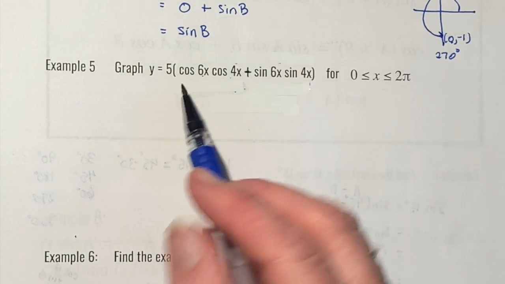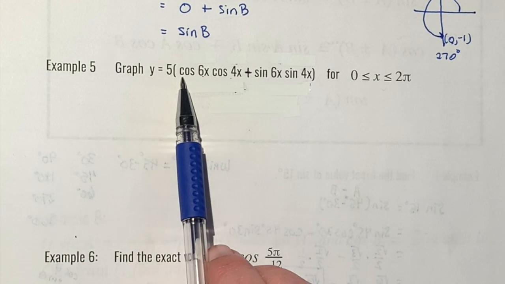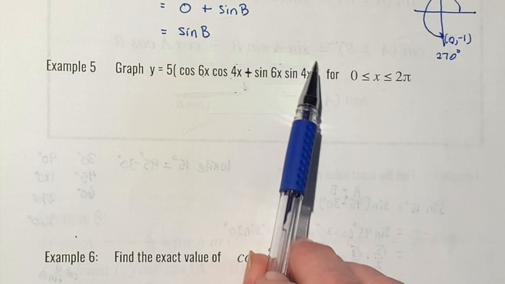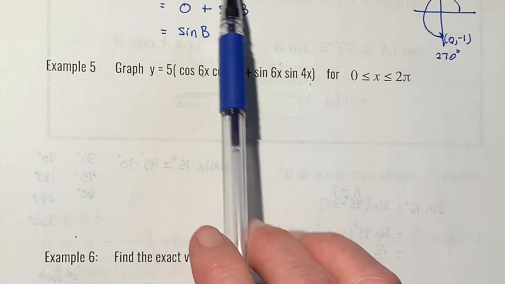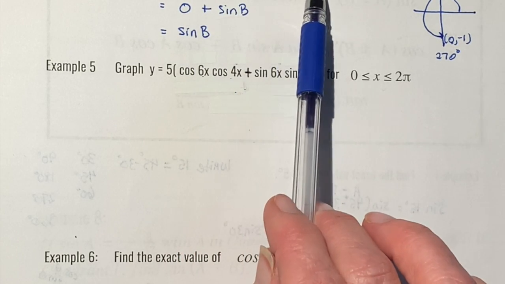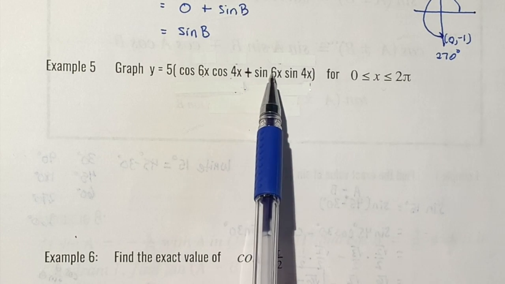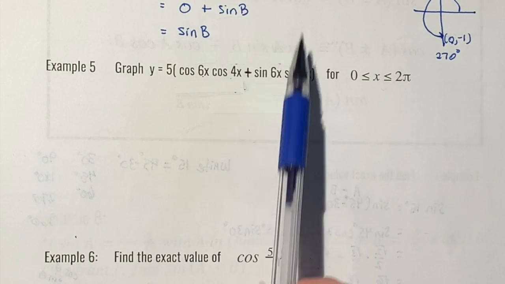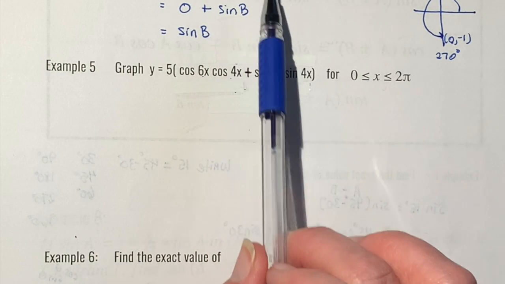Okay, so looking at this, I'm going to be graphing 5 times this whole part right here, which should look very familiar. In fact, if you look back at example 4, it looks exactly like what we were working with up here. If you see cosine A, cosine B, plus sine A, sine B, it looks just like this one except the signs are the only thing that's different.